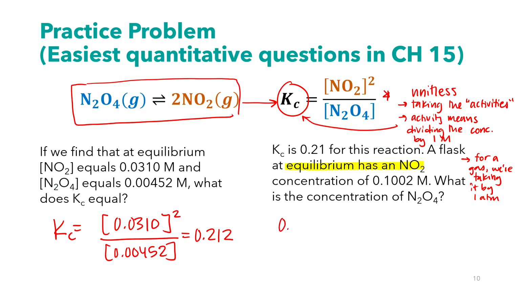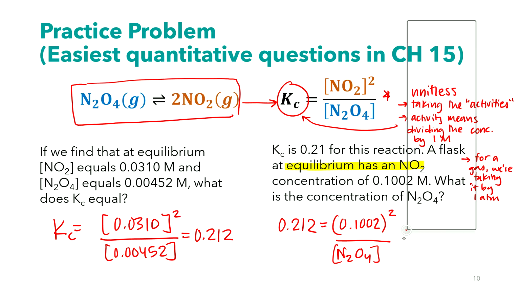So again, we're just plugging numbers in here. All right, now I have a known concentration for that NO2, and I'm going to solve for N2O4. All right, so I find that my concentration of N2O4 for this problem, N2O4 equals, what did I get for this one?